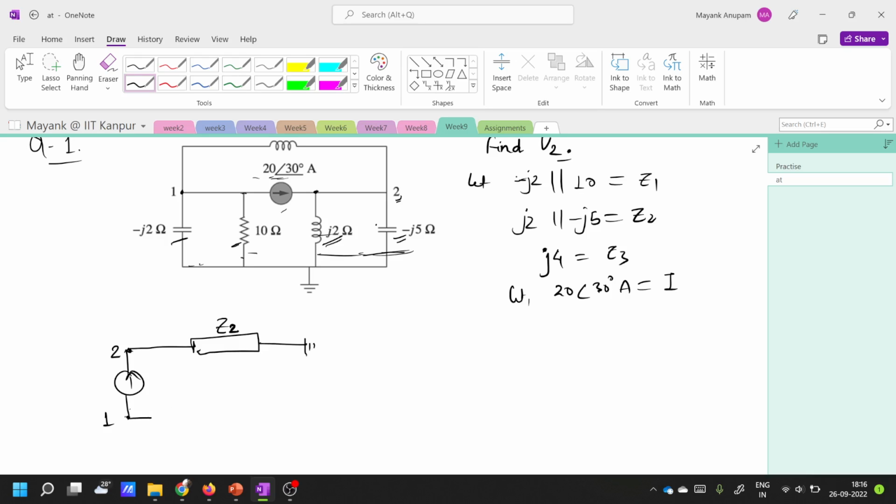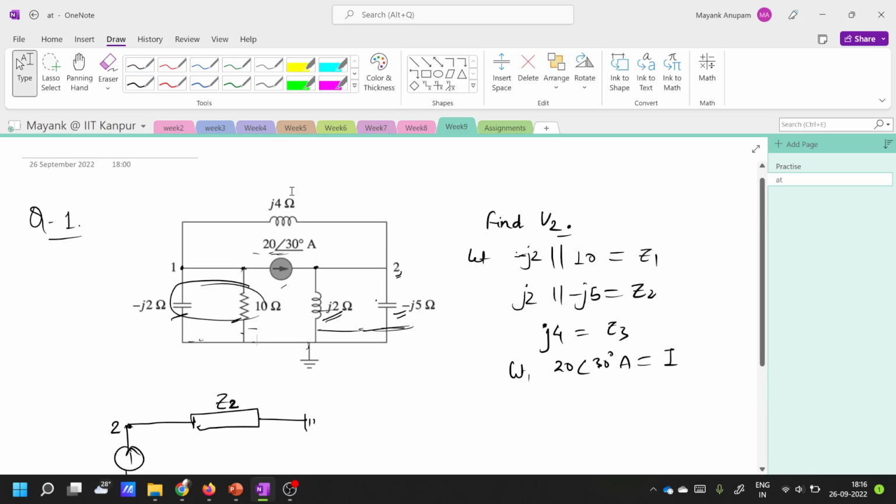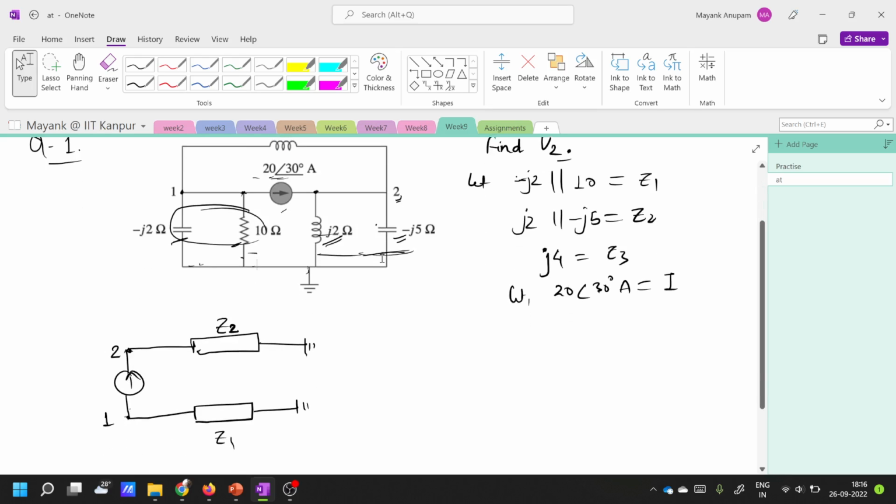Similarly, node 1 is also connected like this, and this is Z1, from node 1 to ground. Now you see Z3 here. This we have represented as Z3. It is connected between node 2 and node 1, so we will connect Z3 between node 2 and 1.